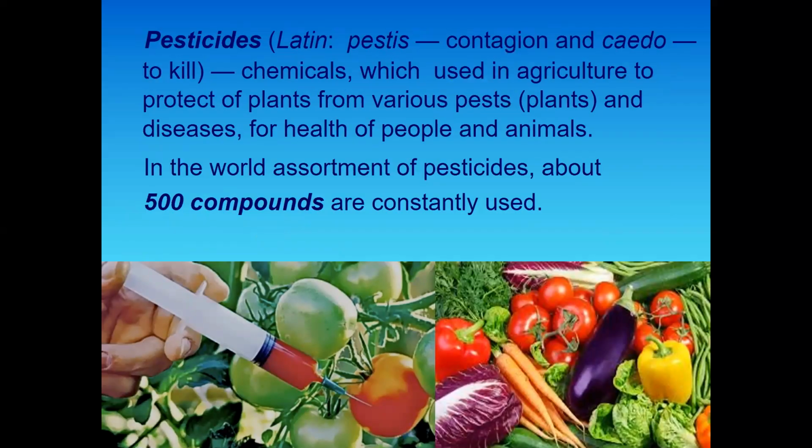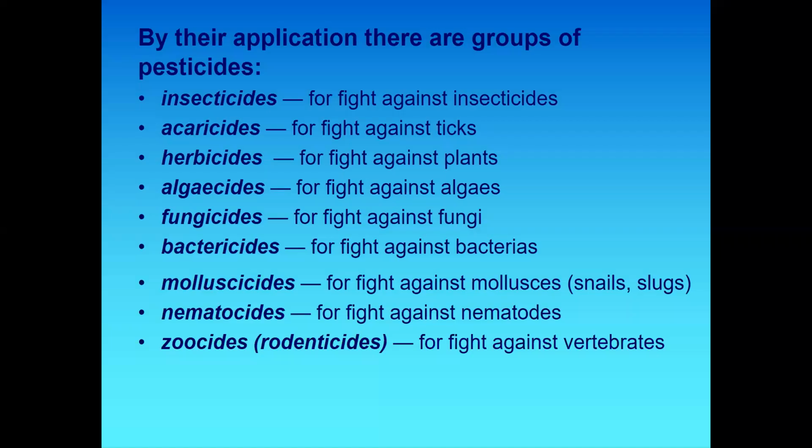Pesticides are chemicals used in agriculture to protect plants from various pests and diseases, and for the health of people and animals. In the world assortment of pesticides, about 500 compounds are constantly used. By their application, there are groups of pesticides: insecticides, acaricides, herbicides, algicides, fungicides, bactericides, molluscicides, nematicides, zoocides.